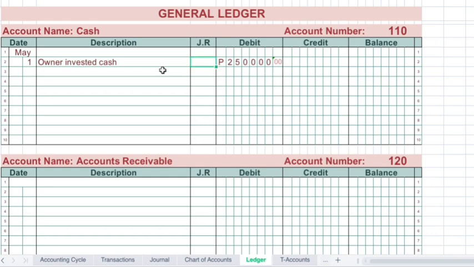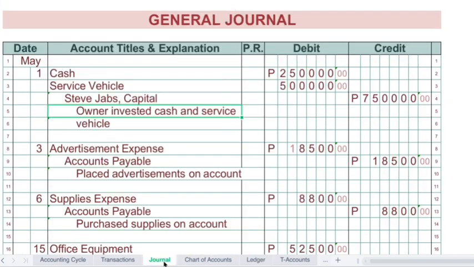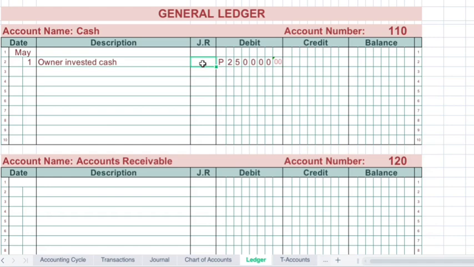Okay. Tapos, ilalagay natin dito sa may reference natin kung anong journal page or journal number nakasulat tong transaction na to. So, we have J1 sa unang, so kung isang page yan na J1. Okay, page of the journal.